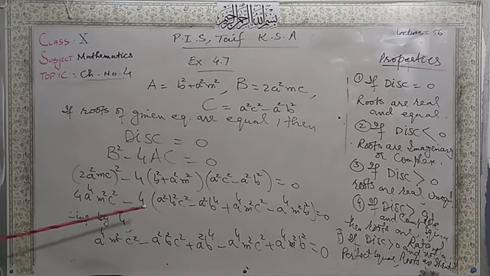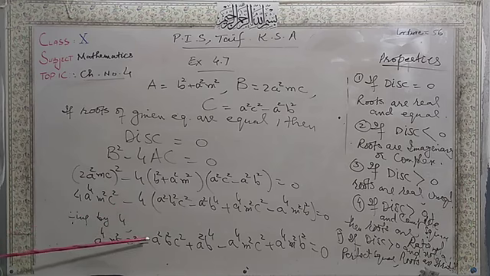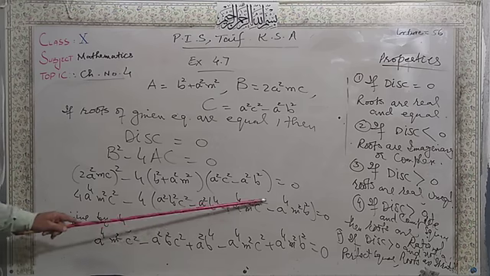Dear students, I have actually done two steps. First, I have divided throughout by 4 and 4 cancelled out. After that, I have opened up this bracket and there is a change of sign because there is a negative sign outside.